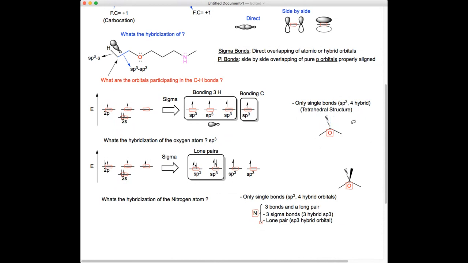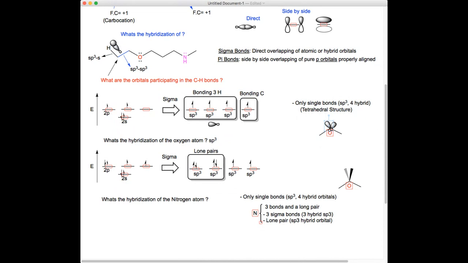So in order for you to understand, these are the lone pairs of oxygen, and I'm gonna draw it like this so you can distinguish the lone pairs between the sigma bonds, okay? So we said the oxygen has 2 lone pairs, they are both in sp3 hybrid orbitals because that oxygen is sp3 hybridized. So the lone pairs are right here. And the angle, we just discussed, is 109.5.